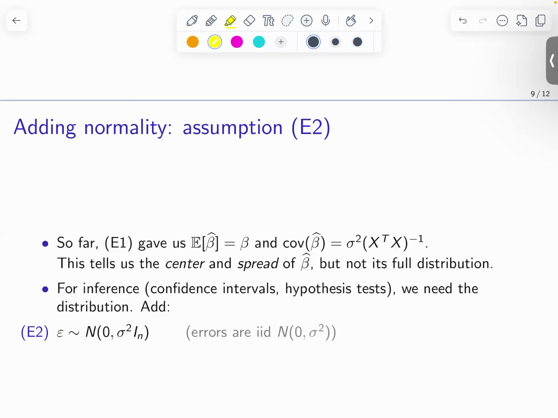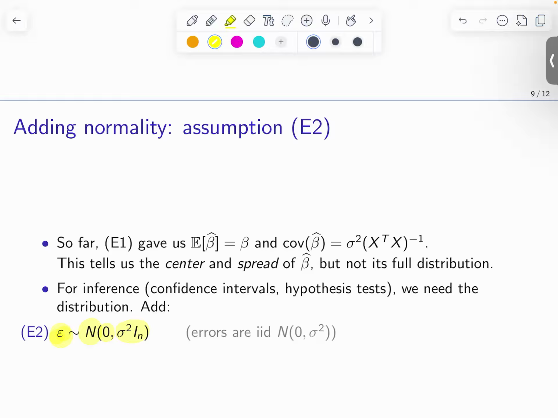So I'm going to assume that the noise vector is distributed like a multivariate normal random vector, with the same mean and covariance matrix that we had before. The only extra thing I'm going to assume here is this normality. The mean and covariance are the same as in E1, so it's a stronger assumption. It includes E1, but more.